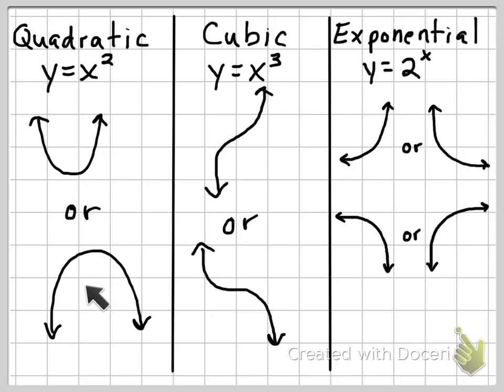If you flip these sideways, you can't really tell. And if you flip these sideways, they just look like the other one down here. But these, if I flip it sideways or I flip it up and down, so there's actually 4 different ways this one can look. But it's still the same shape. If you see this shape, it's exponential. If you see this shape, it's cubic. And if you see this shape, it's quadratic.